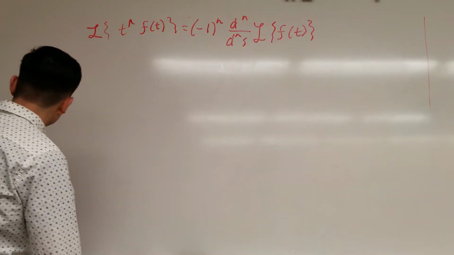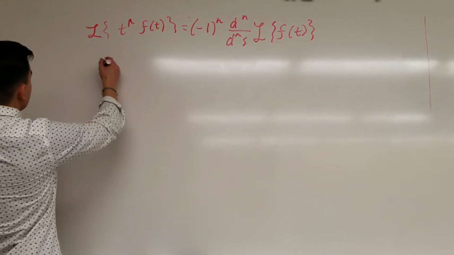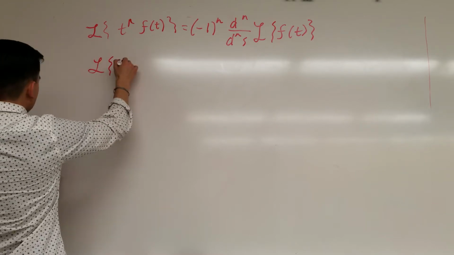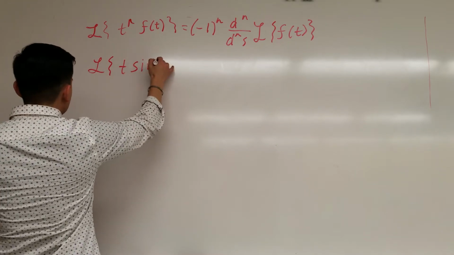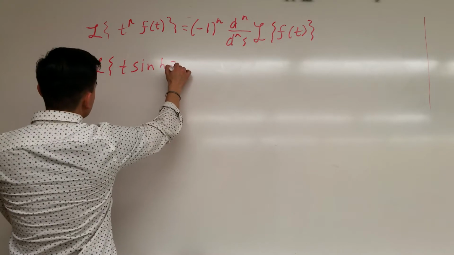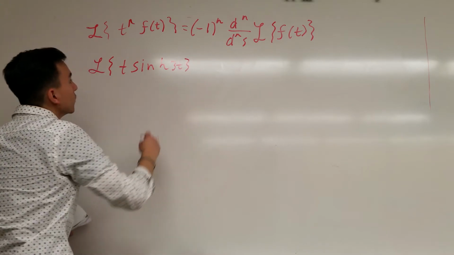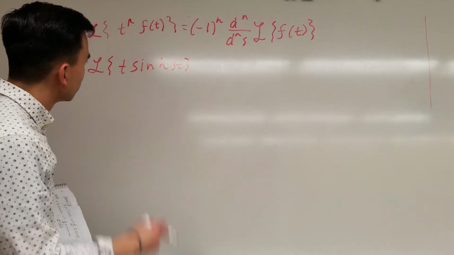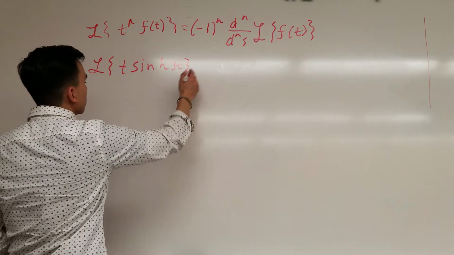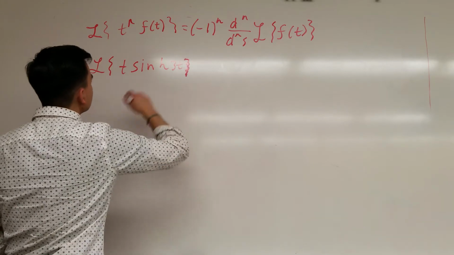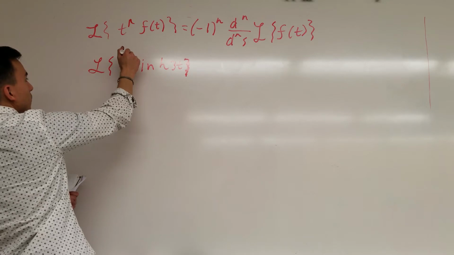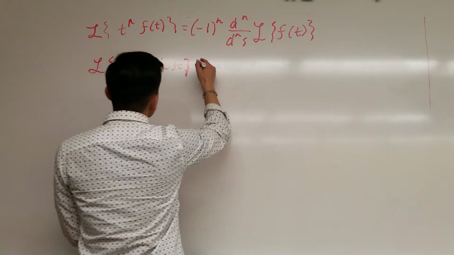And what do I mean by that? Well, we're going to utilize it right now. So the Laplace of t hyperbolic sine 3t. Whoa, we haven't used hyperbolic trig functions, so here we go. Well, our power is 1, but we don't see it.